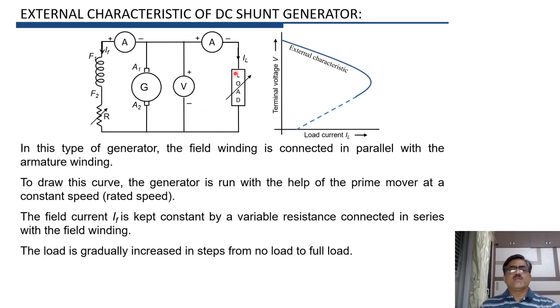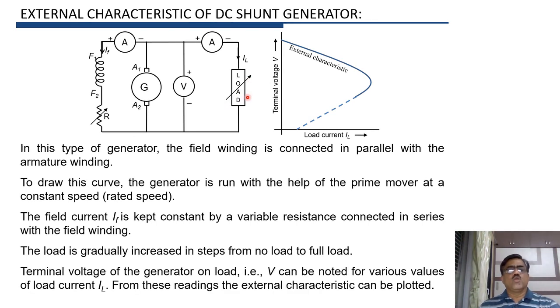Then the load is gradually increased from no load to full load. And for each load current IL, the corresponding value of the terminal voltage V is noted. And from the readings of terminal voltage V and load current IL, we can plot the external characteristic, which is the characteristic between terminal voltage V and load current IL.